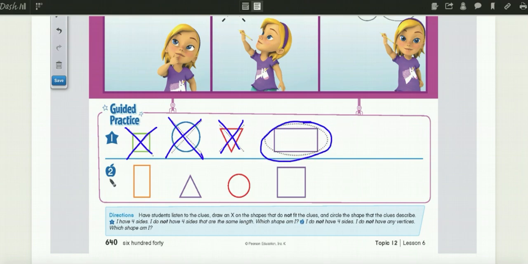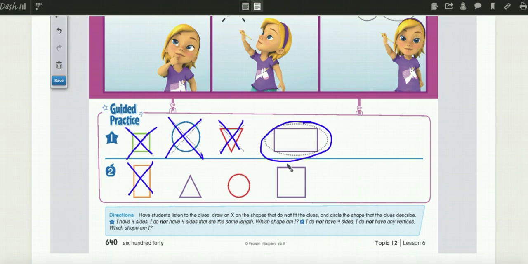Number 2. I do not have 4 sides. I do not have any vertices. Which shape am I? This has 4 sides, so we know this one's not the shape. 1, 2, 3.